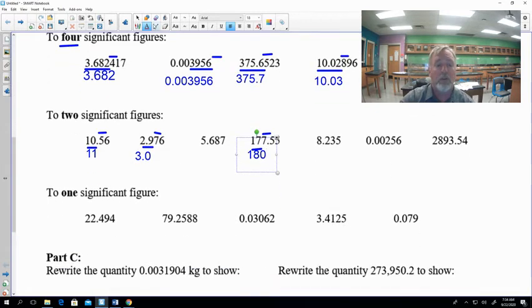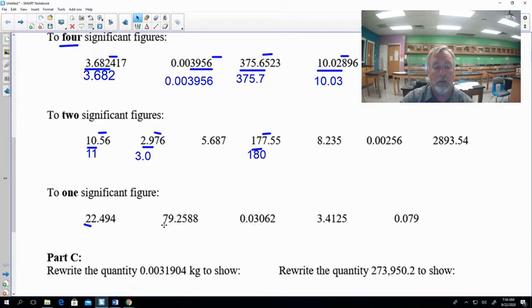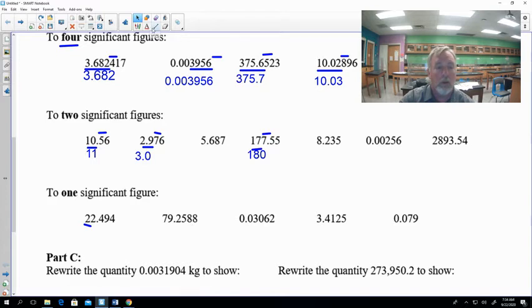Let's do a couple of the 1 sig figs. Again, I want to underline the number that we want to keep as our sig fig. Couple of these in here.